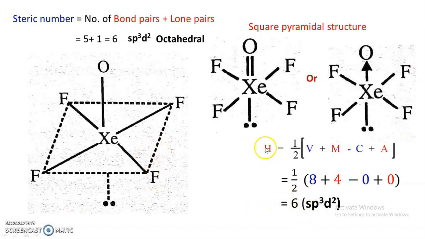But now H is equal to 6 means there are 5 bond pairs, because 5 atoms are directly attached to xenon, it means 5 bond pairs, and 6 minus 5, that is equal to 1, that 1 lone pair. So number of bond pairs equal to 5 and number of lone pairs equal to 1. So this is about the preparation and structure of xenon oxo tetrafluoride.